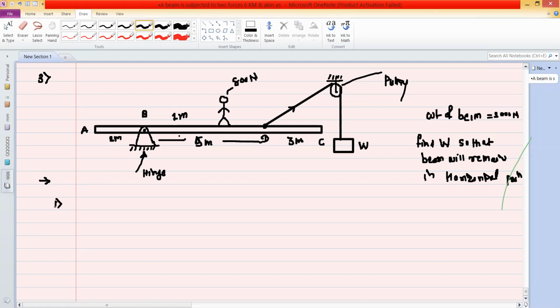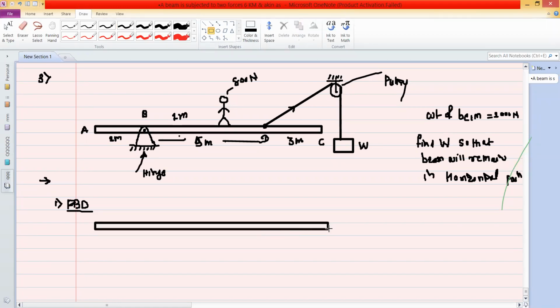So it is similar to the last problem. When we solve this problem, the first step is to draw the free body diagram. So this is the beam ABCD.